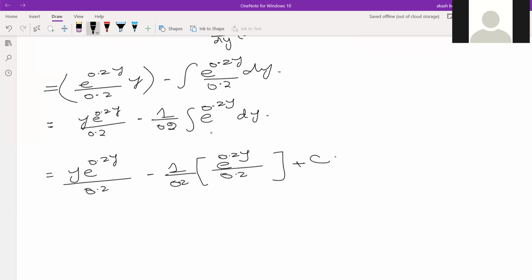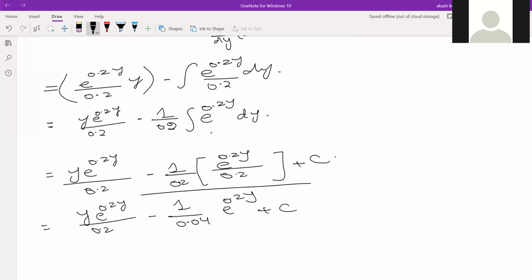Is it clear? Yes. 0.2 multiplied by 0.2 will become 0.04. Let me just check it out. Yes, it becomes 0.04 e raised to the power 0.2y plus c. Is this question clear?